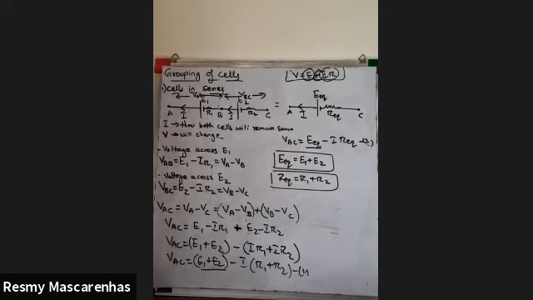So hardly this is one of the derivations which is left, so you cannot skip it. In the exam, mostly you used to get the numericals on this particular concept: find out E equivalent, R equivalent when cells are connected in series.